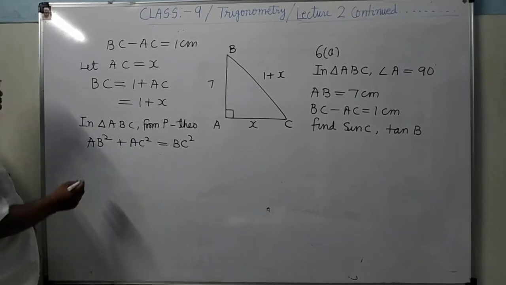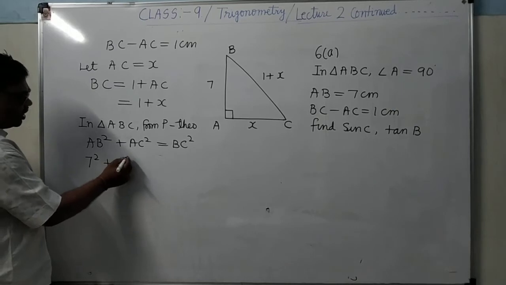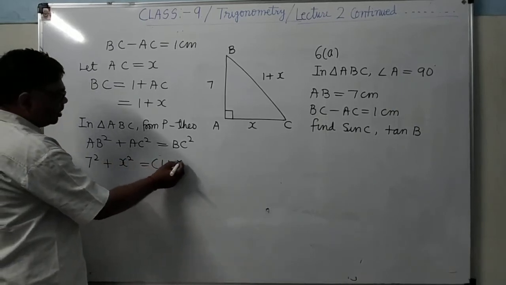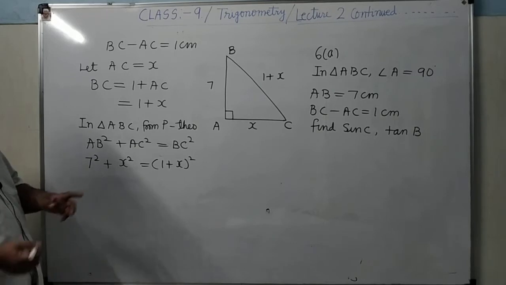AB square is 7 square, plus AC square is X square, equals 1 plus X whole square, since BC is 1 plus X.